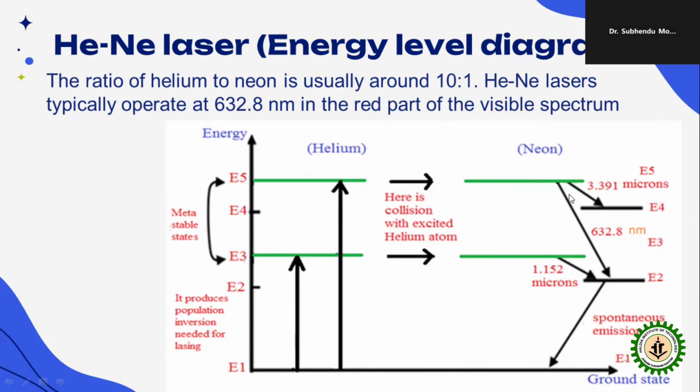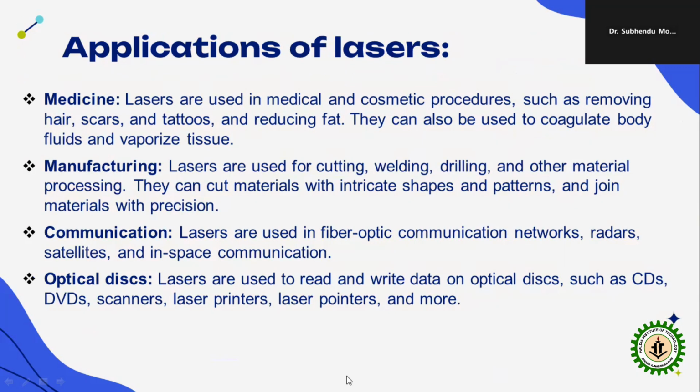We get different frequencies for transitions from E5 to E2 state. We get the 632.8 nanometer wavelength laser light, and after coming down to E2, it comes down to the E1 state by a spontaneous emission process. So these are the types of laser we have discussed.